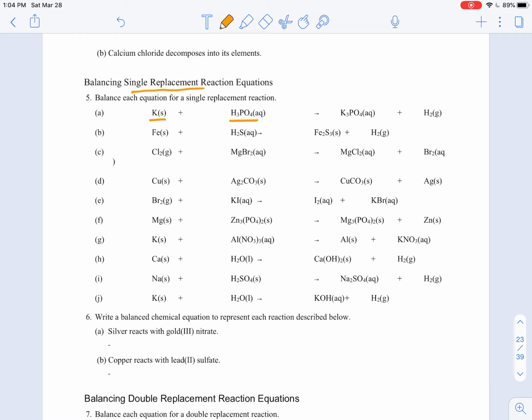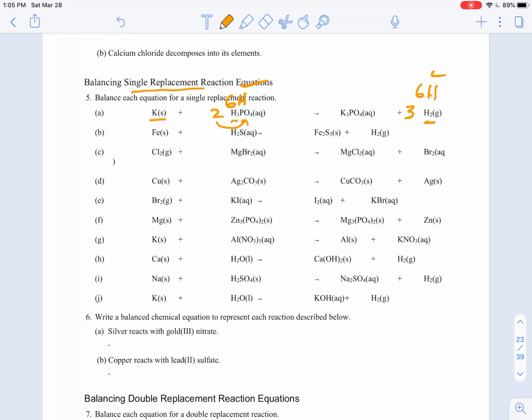So I could do number 5 here, the first one with you, and you can see that we have 2 hydrogens on this side, and we've got 3 hydrogens on this side, so you need to make them both equal to 6. So I can add the coefficient of 3, meaning there's 6 hydrogen here, coefficient of 2, meaning there's 6 hydrogens here, checking off the hydrogens.